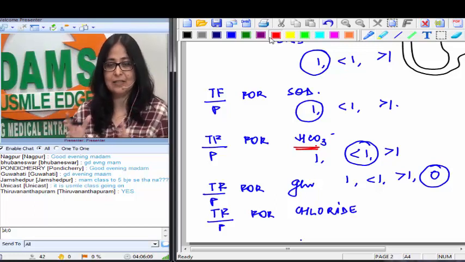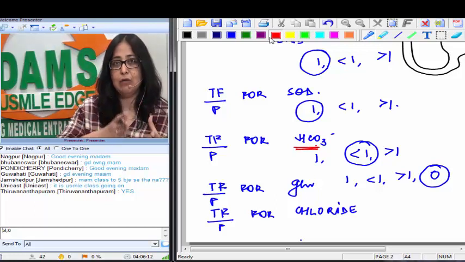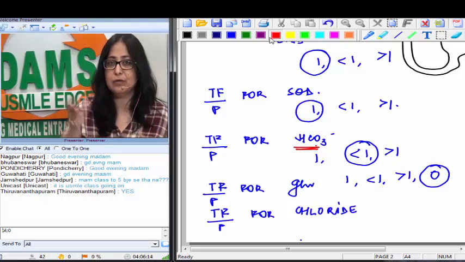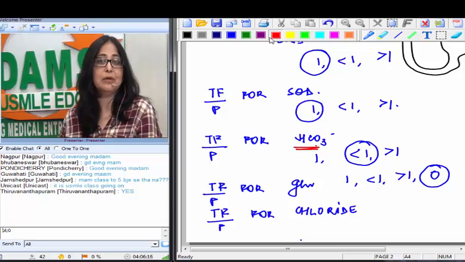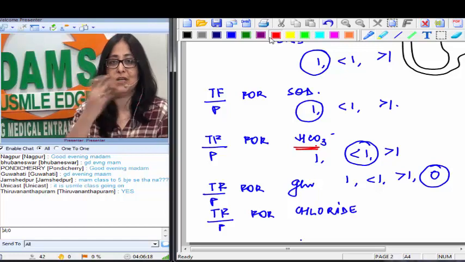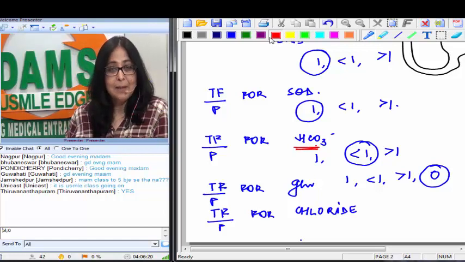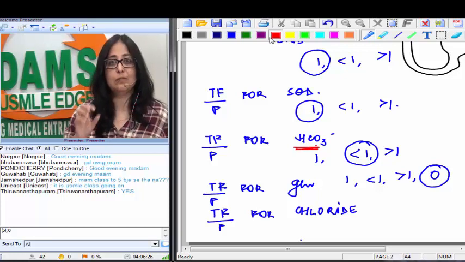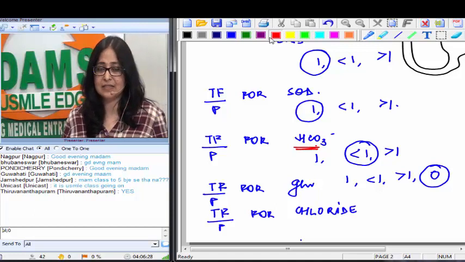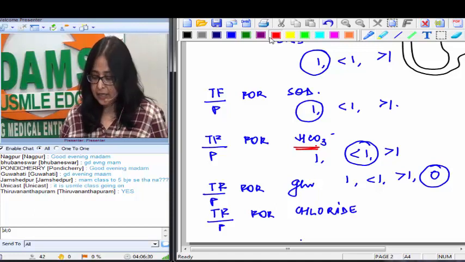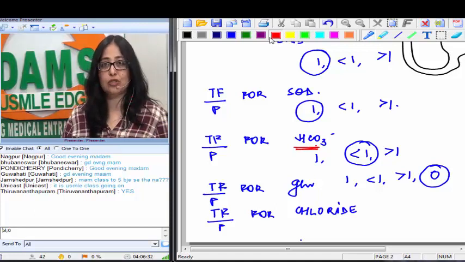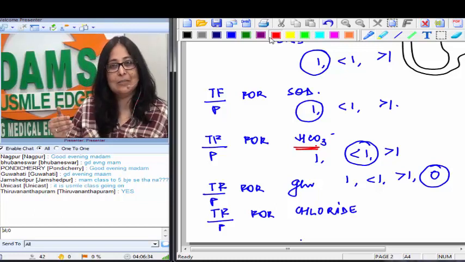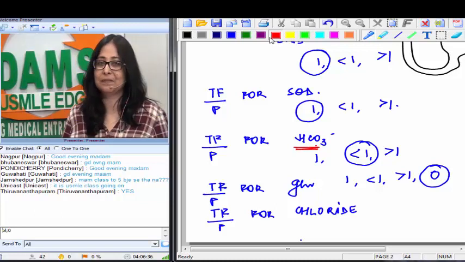We expected that the amount of chloride absorbed will be equal to the amount of sodium absorbed, and the amount of water absorbed will also be equal to this, right? But what has happened in the PCT is there is another negative ion which is absorbed to a very large extent, and that is bicarbonate. Chloride absorption now sort of lags behind the absorption of sodium.